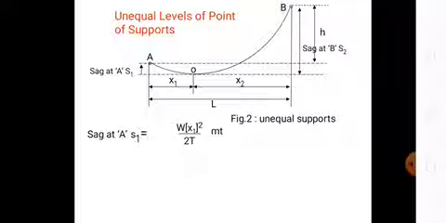Sag at A, S1, is equal to W into x1 square by 8T. We have already discussed the same formula.